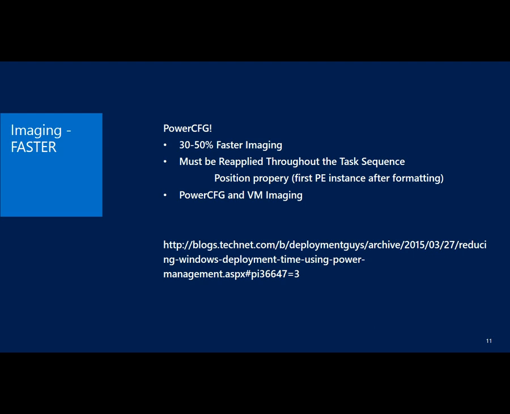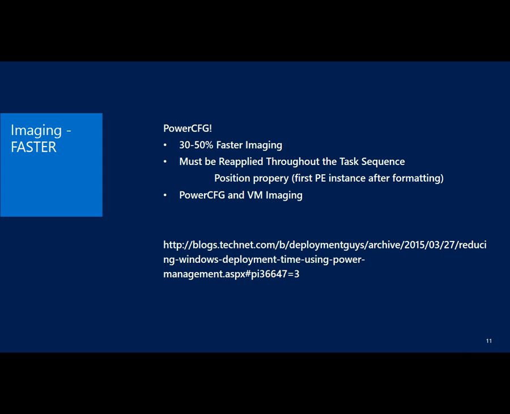The reason is all about this tool called PowerConfig. So PowerConfig is a utility that's been around since, I believe, even Windows XP. I don't think it's before that. And it's a command line that allows you to specify what power scheme you want in place on the system that's running, right? The nice thing about PowerConfig is the GUIDs have remained the same throughout all of the versions of the OSs.